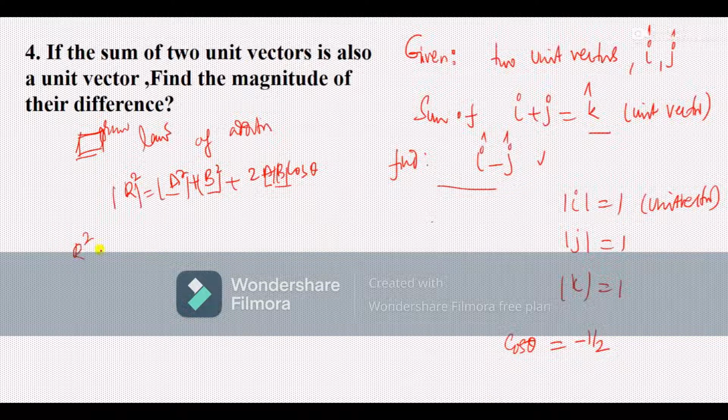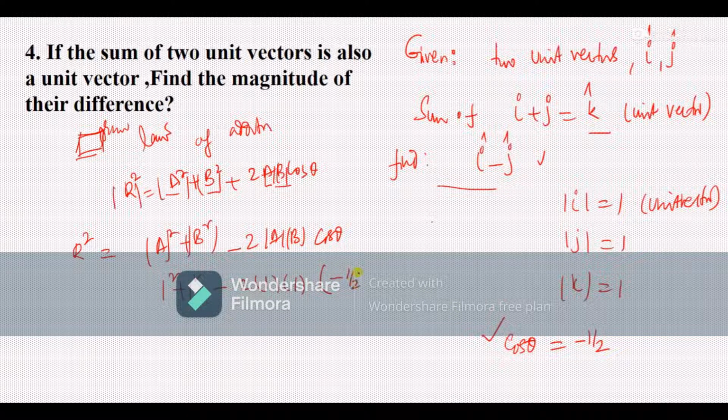We simplify this equation and substitute cos theta directly, equal to minus 1 by 2.